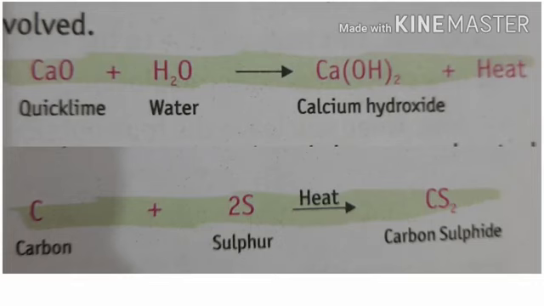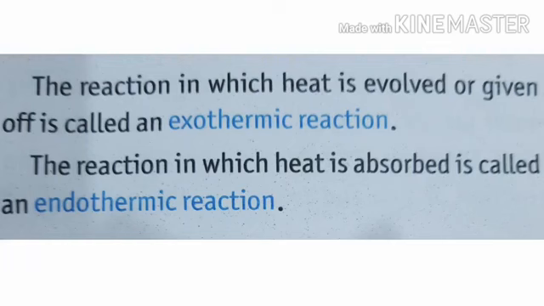So we can define: the reaction in which heat is evolved or given off is called an exothermic reaction. I repeat, the reaction in which heat is evolved or given off is called an exothermic reaction, and the reaction in which heat is absorbed is called an endothermic reaction.